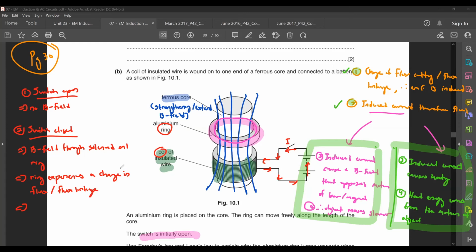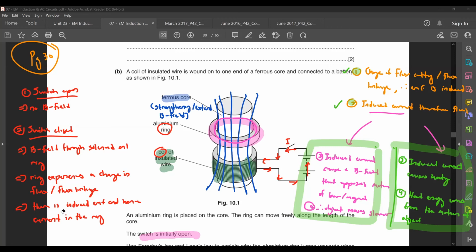From Faraday's law, you know that there is induced EMF and hence current in the ring.